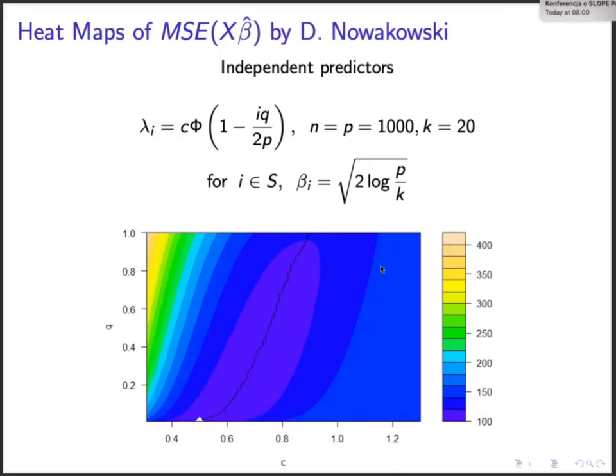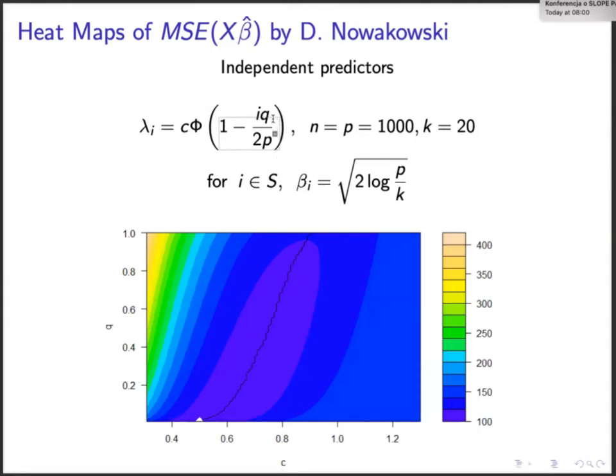So here are some results comparing prediction properties of slope and LASSO, when the regressors are independent. Let me just try to explain what you can see in here. Here is the sequence of lambdas for slope. We change two things: Q and C. Q determines the steepness of the slope sequence.